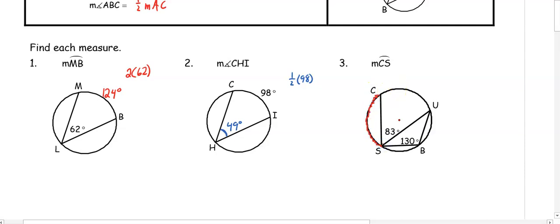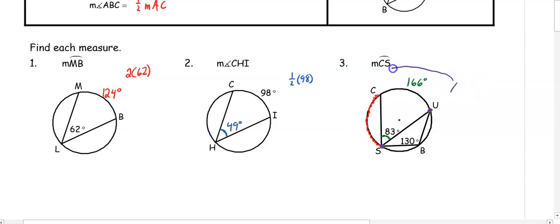In number three, we want to find the measure of arc CS. In order to do that, we need to use these inscribed angles. So if this angle is 83 degrees, it intercepts the arc CU. So when we double that, we get 166 degrees. Then we see the 130 degrees is intercepting from S to U. So it's going to be a major arc SCU.